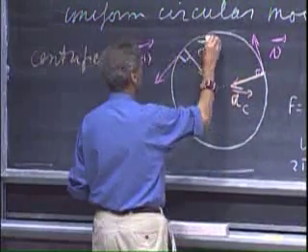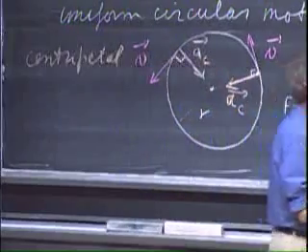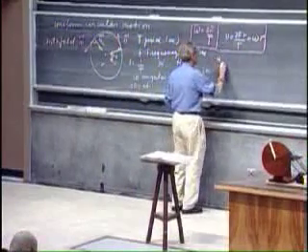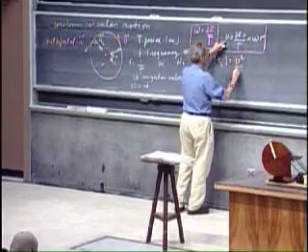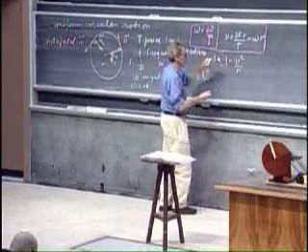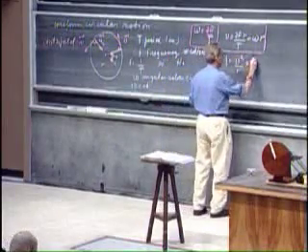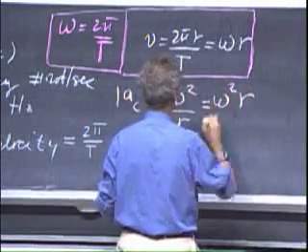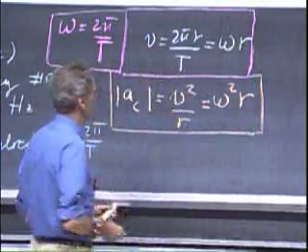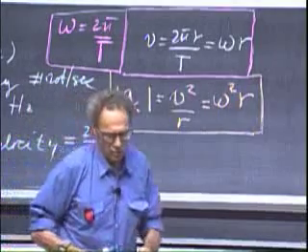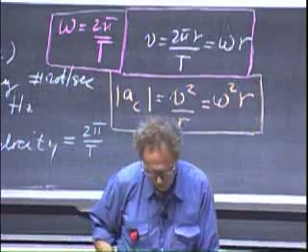It's a vector. The magnitude of the centripetal acceleration equals v squared divided by r, and therefore it's also omega squared r. And so now we have 3 equations, and those are the only 3 you really would like to remember.